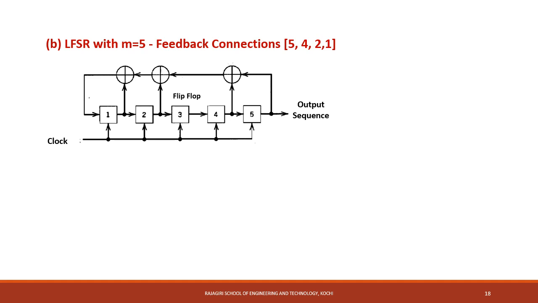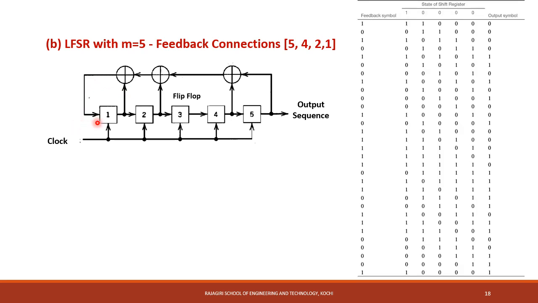Now we are taking the same example of m equal to 5, but the feedback connections are 5, 4, 2, 1. So the output of the fifth is XORed with 4, then modulo 2 added with 2, then with 1 and fed back to the first flip-flop. We repeat the same procedure with the initial state at 1, 0, 0, 0, 0.